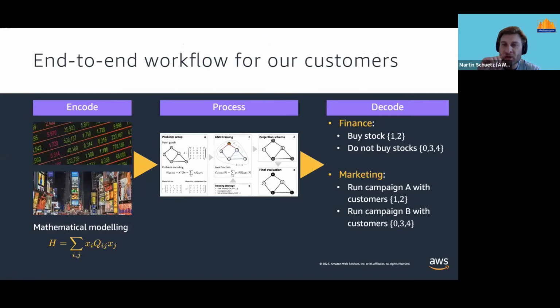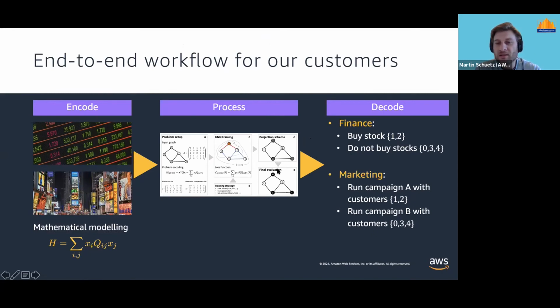Zooming out a little bit, all of that fits into an end-to-end workflow within an encode, process, decode framework. First we take a business problem in your organization, say some stock problem or some marketing problem. We model that mathematically, we feed all of that into this framework, and then we decode the solution back to the underlying use case in finance.